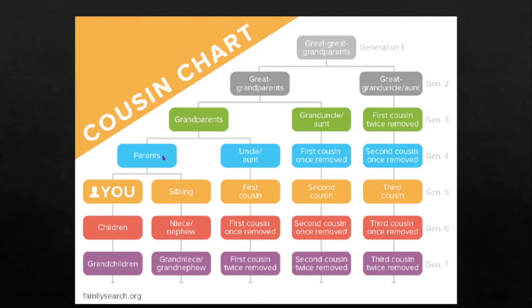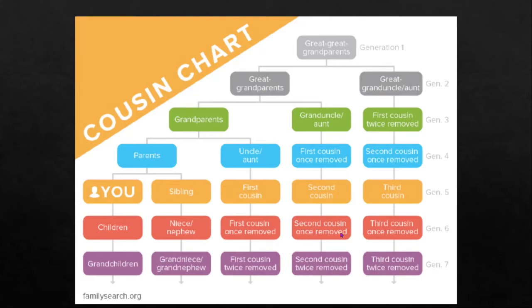Now, this blue line, which is your parents' generation, so if the person and I share great grandparents, but they are in an older generation than I am, they are a first cousin once removed. Okay? Because there is one generation of difference between myself and them. When we get to second cousins and removals, the child of your second cousin is also your second cousin.